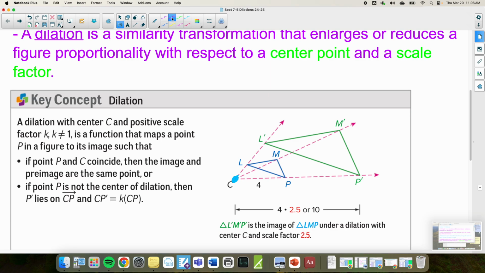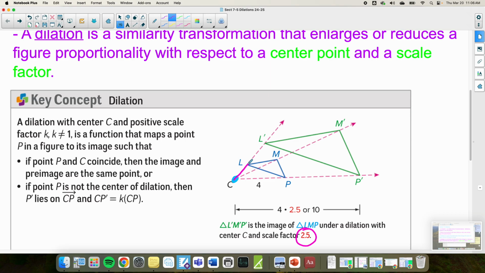And in this one, the scale factor is 2.5, okay? When you do a dilation, if you don't do it on graph paper, what you would do is draw a line from your center to a point on that first figure that you're dilating.